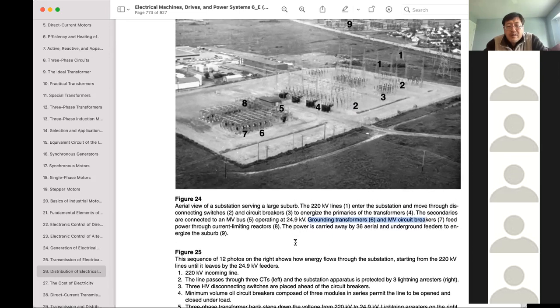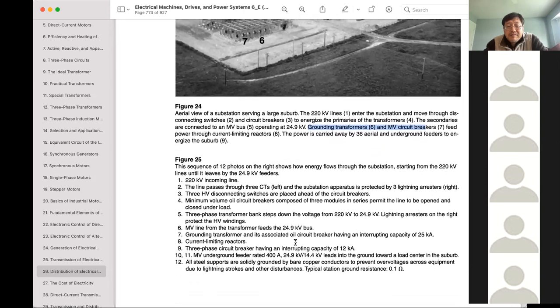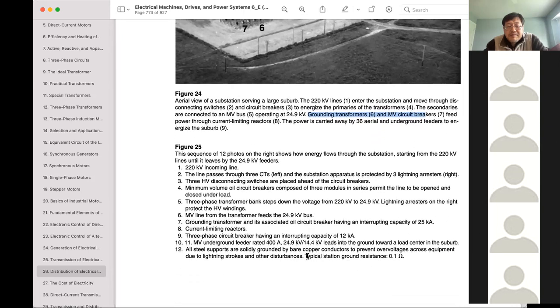What is the ground requirement? Did you see that? 0.1 ohm grounding resistance. Previously, when I talked about high voltage transmission lines, we said 10 ohm grounding resistance is acceptable on those big towers.